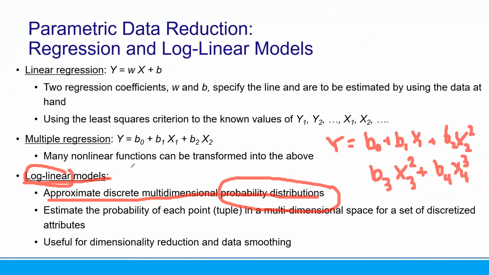So the log function is y equals b0 plus b1 multiplied by the log of x1. We make the log function of the variable x1. And then if we have x2, then we will also make the log function of the variable x2.